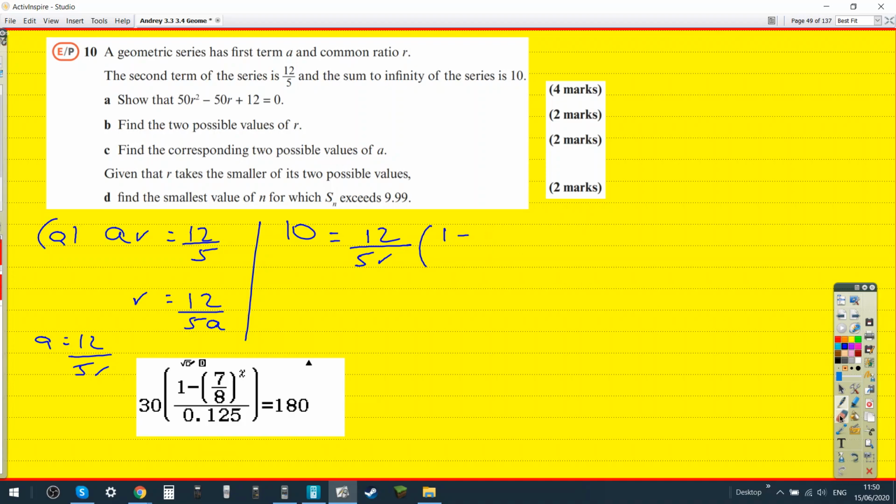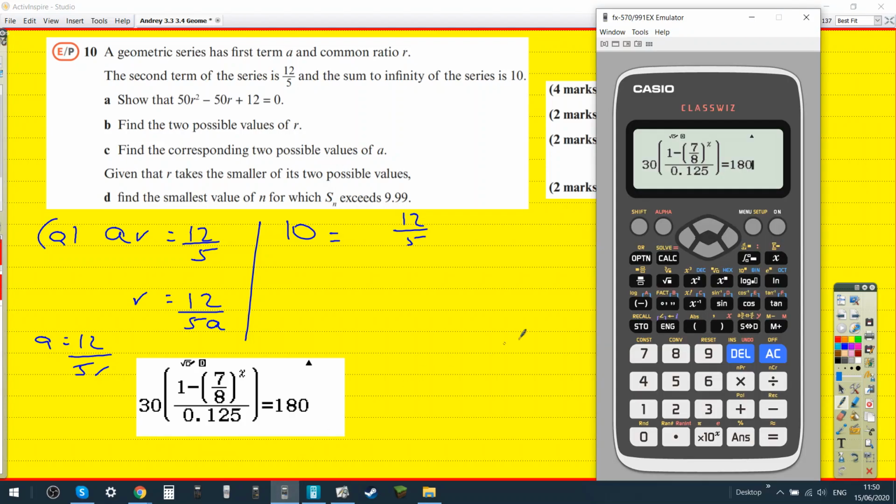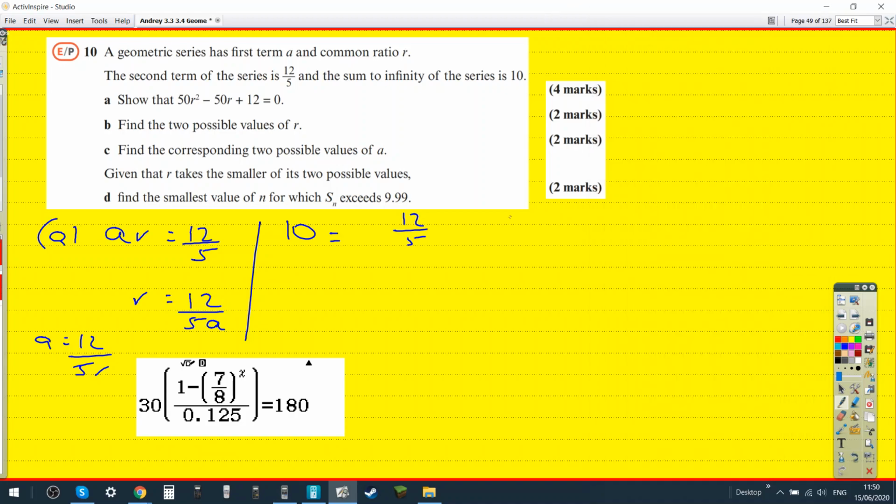Oh, yeah, sorry. It's A over 1 minus R, 12 over 5. And maybe I'll regret this, but hang on. 12 over 5 is 2.4. I'm using 2.4. 2.4 over 1 minus.